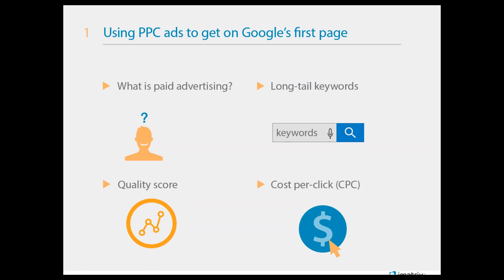Basically, a quality score is 1 to 10. They rate you, Google rates you. It's an estimate of the quality of your ads and the landing pages associated with your ads. A high score means that Google thinks your ad is relevant and helpful. And then there's the cost per click, which are ways to drive down your ad spend and get more bang for your buck.